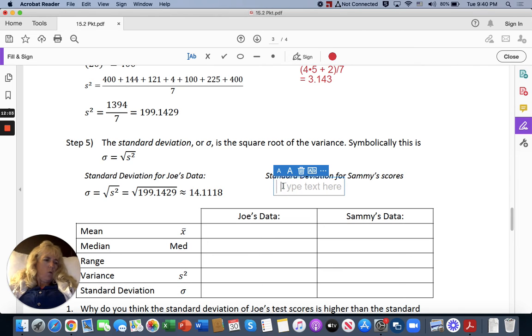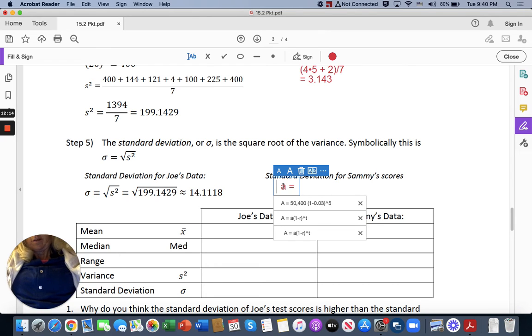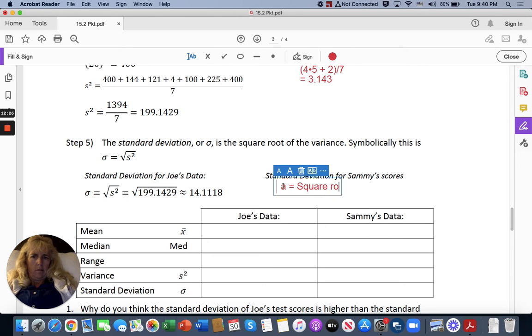For Sammy's scores, we're going to say it is, again, that weird symbol, I'm going to just put a little s equals square root of 3.143, and that equals 1.77.